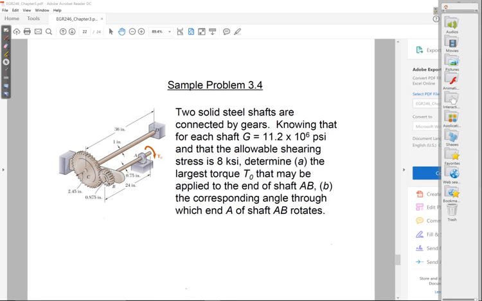The other thing is, this doesn't have to actually represent something that you might design. This could be an approximation of a dynamic type of situation. So D does not necessarily have to be fixed.